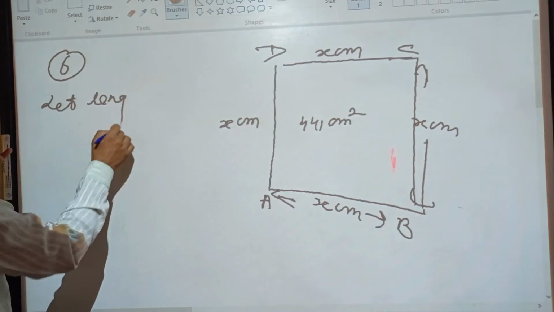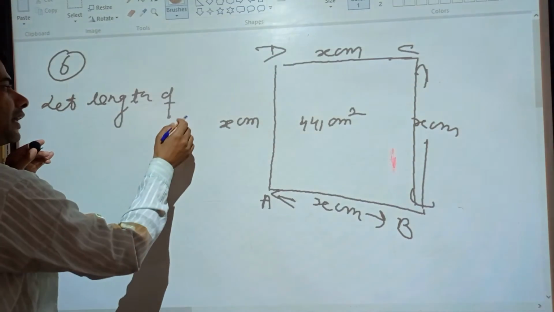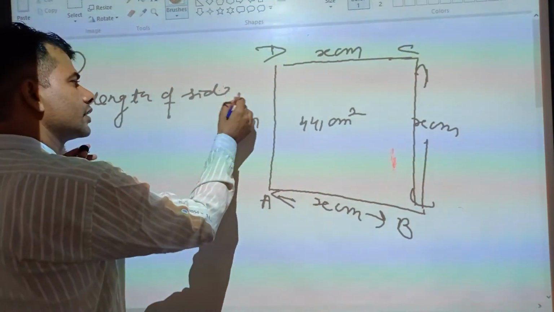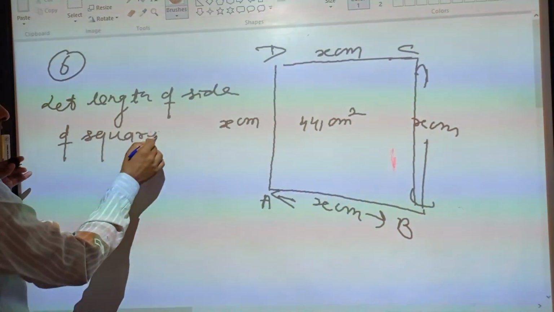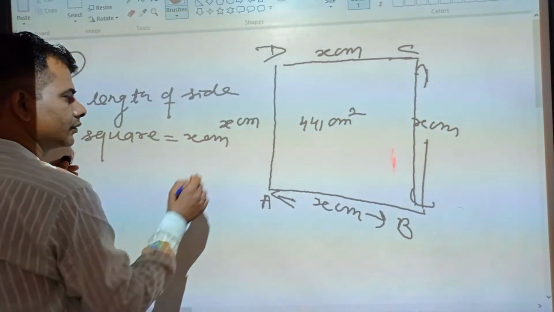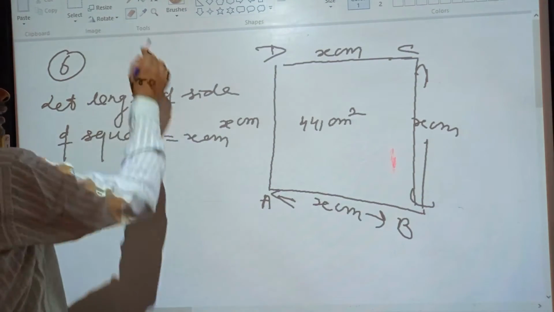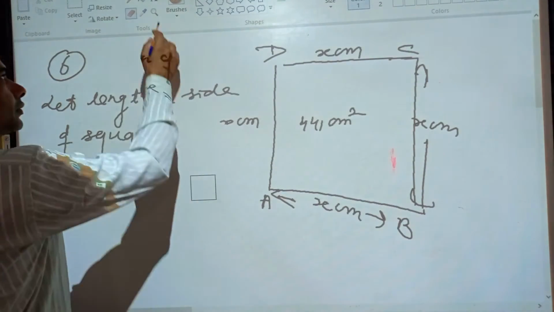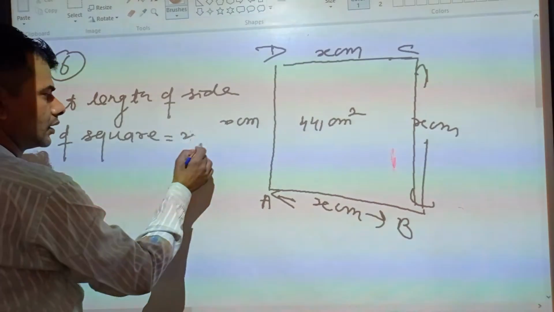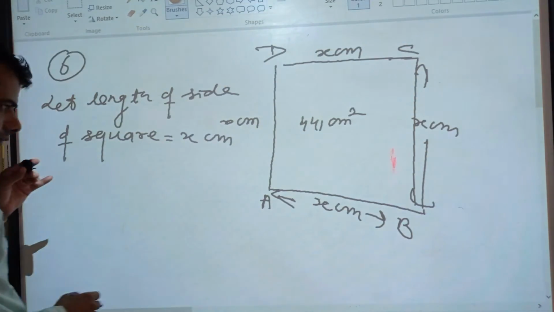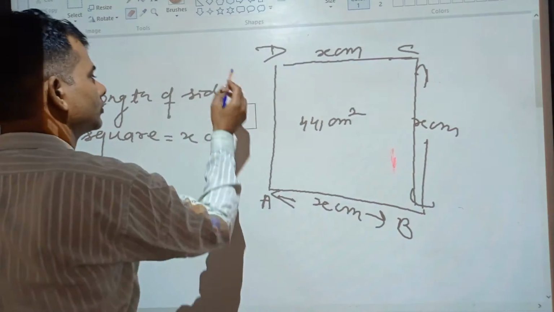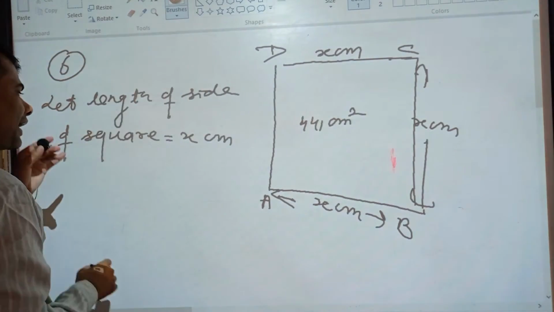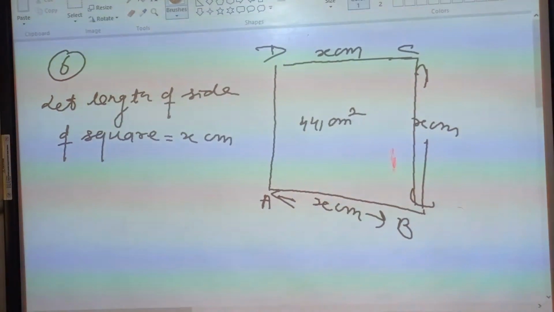Let the length of side of a square be x centimeter. Any doubt, any problems?